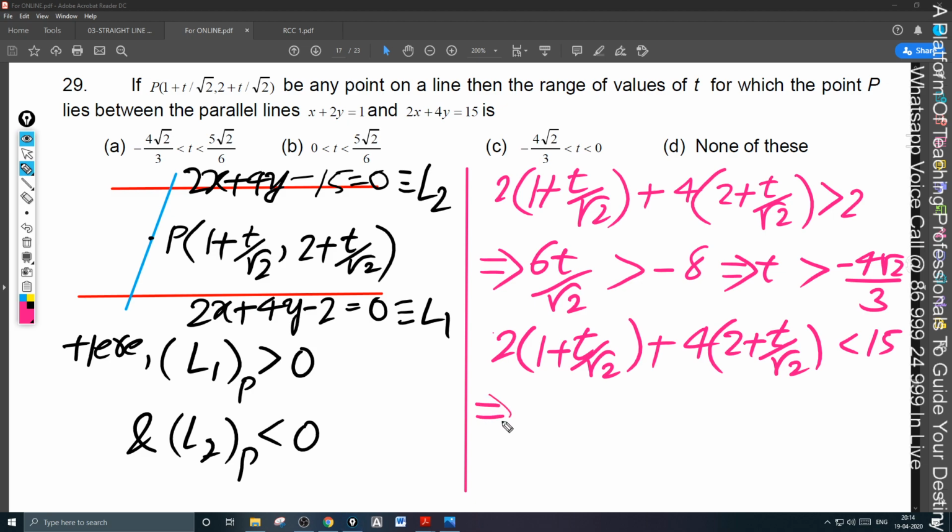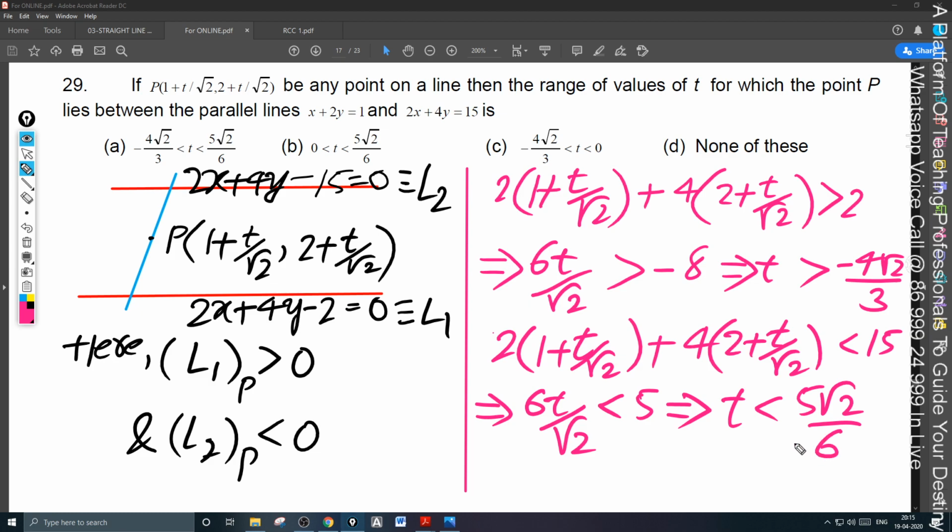This is also 2t by root 2, 4t by root 2, 6t by root 2, and it is 2 plus 8, 10. Bring it to the other side: 15 minus 10 is 5, which implies t is less than 5 root 2 by 6. Check the answer, please. t is greater than minus 4 root 2 by 3, and t is less than 5 root 2 by 6.